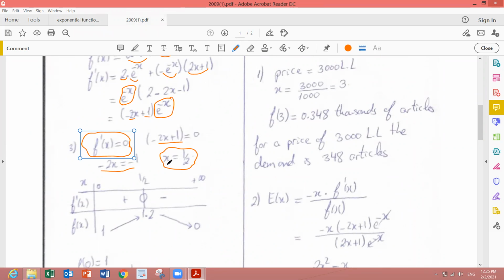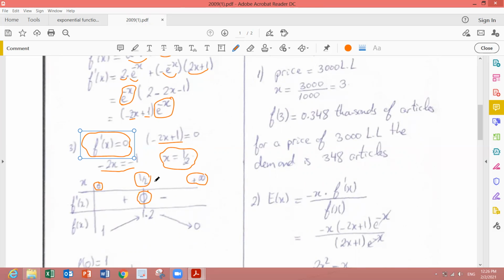So for the table of variations, we put x, and the domain is 0 to plus infinity. At x equal half, the derivative is 0.